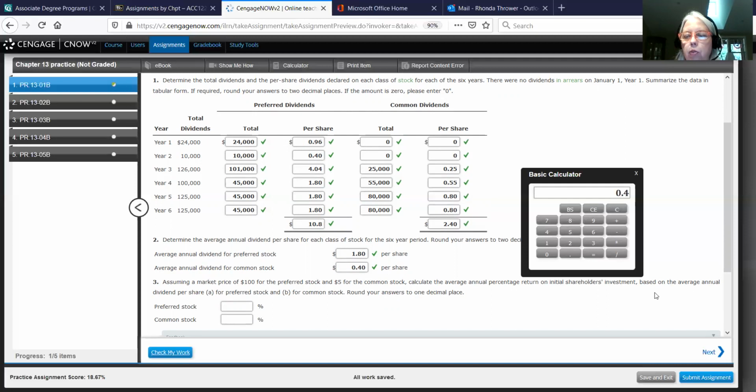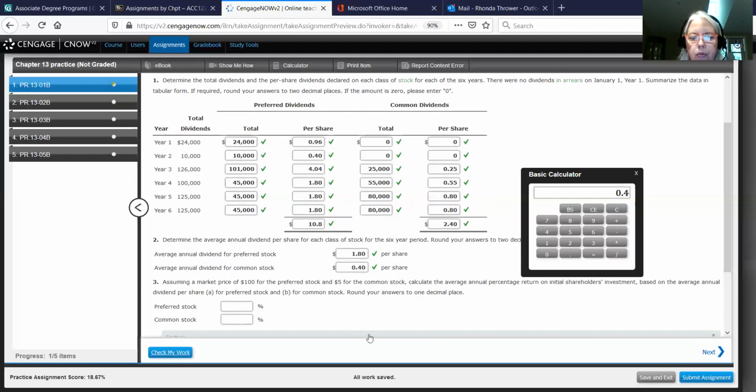And it's based on the average annual dividend per share that we calculated before. The average annual dividend per share for preferred stock was $1.80. And they want you to do it also for the common stock.